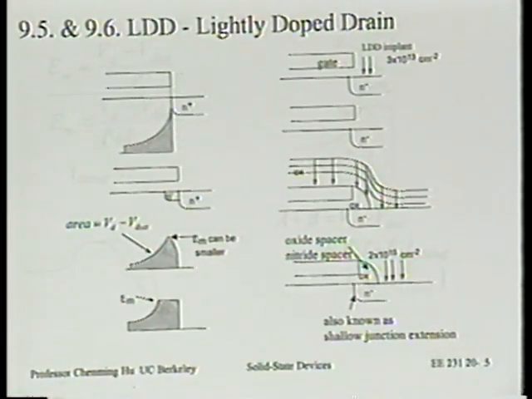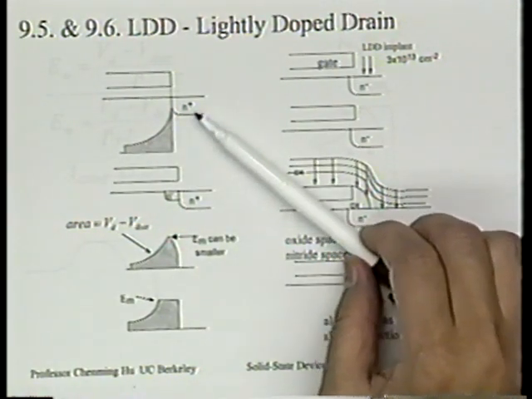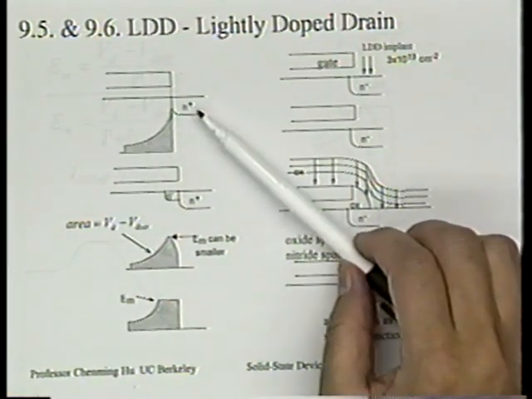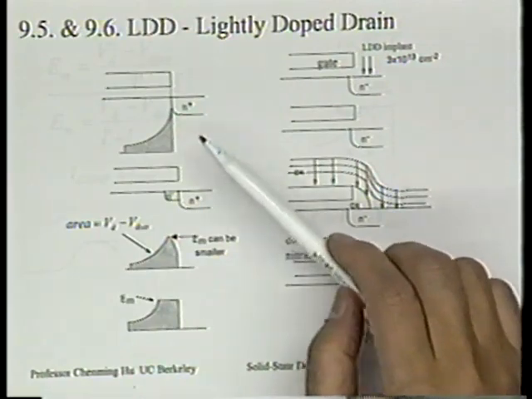Now what is a lightly doped drain? Let's just use this as the diagram. This used to be called conventional or non-LDD. Today we can call this non-LDD, sometimes called a single drain transistor.